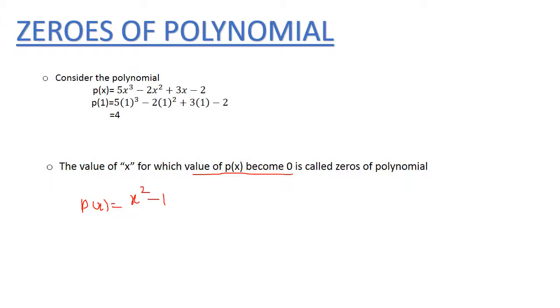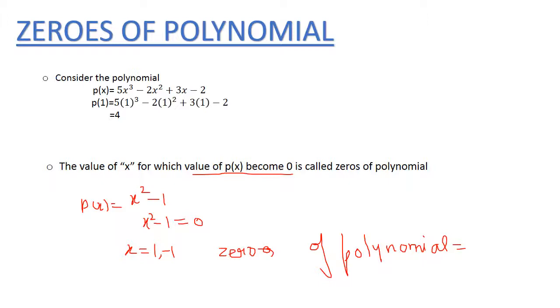If x square minus 1 equals 0, on seeing this equation we clearly get that at x equal to 1 or x equal to minus 1, P(x) becomes 0. So the zeros of this polynomial are 1 and minus 1.